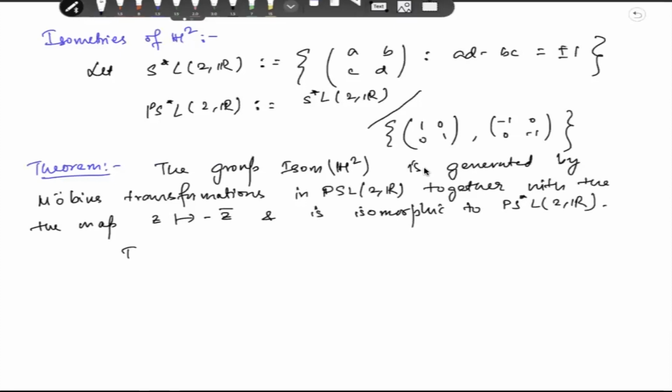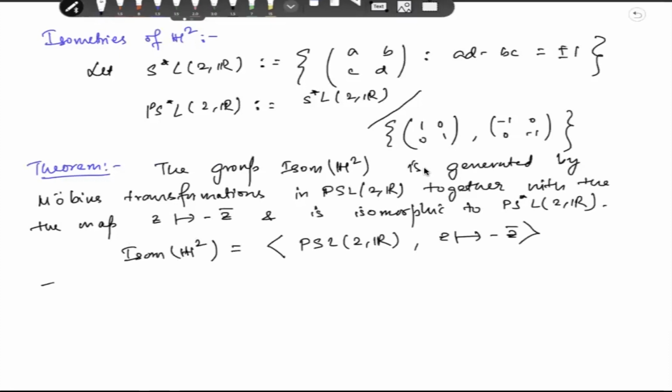So what we have to prove is that the isometry group of the upper half plane is generated by the elements of PSL2R and the map z goes to minus z bar.